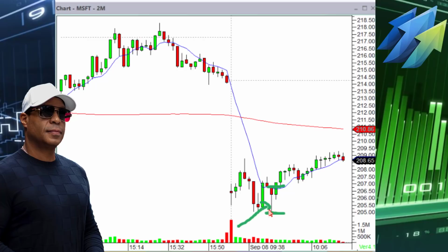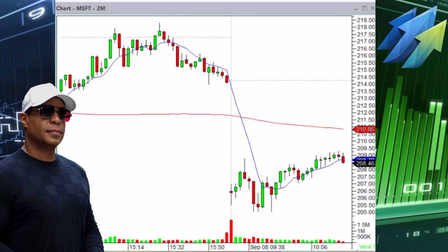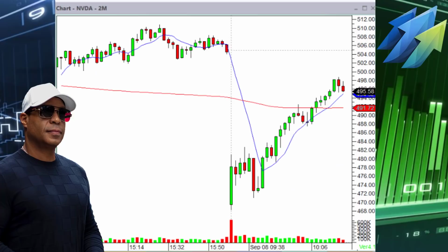Bottoming tail bar. Green is taking out the bottoming tail bar. Boom. Your stop is supposed to be under the bottoming tail bar. That turning point is a higher risk turning point. If you're catching the elephant bar, that's usually a turning point of some type. And your risk is bigger.